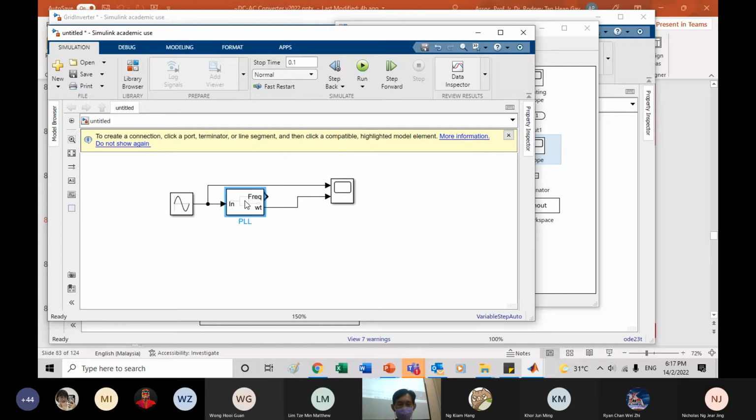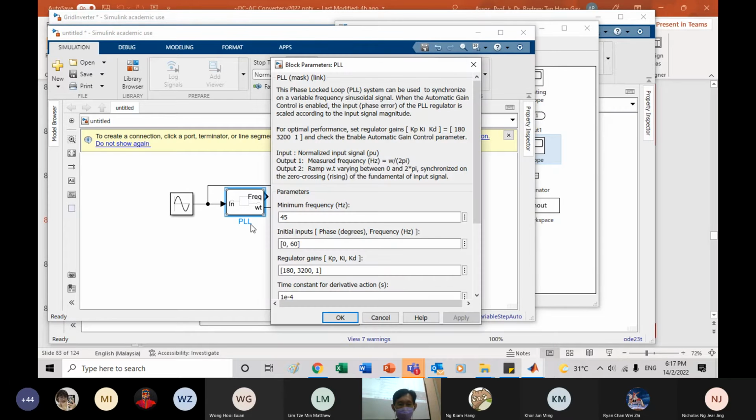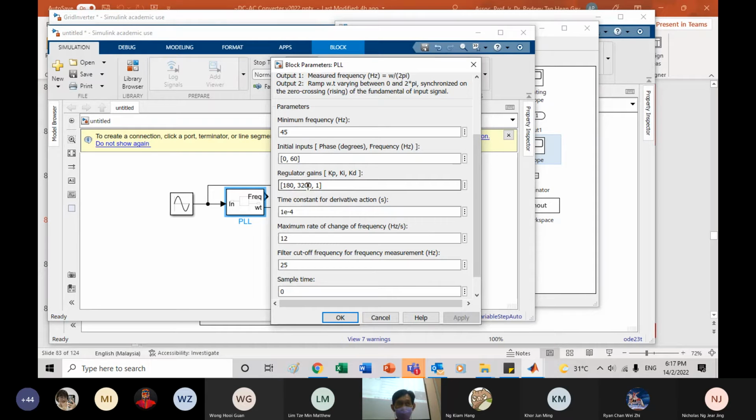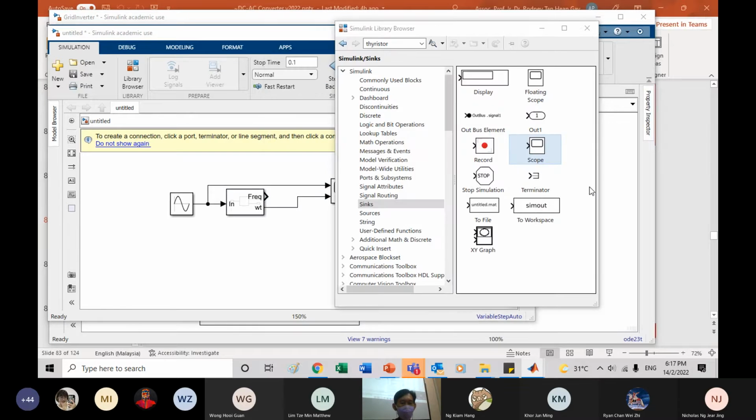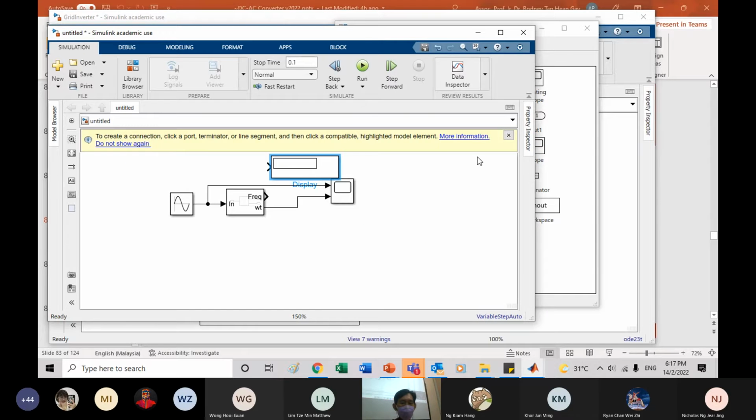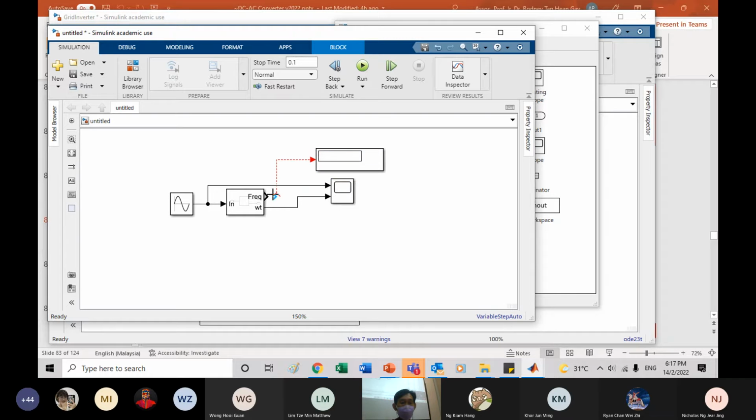Inside the PLL, like I said, because the PLL has a PID controller, unless you know what you're doing, just leave it there. Let's not touch this one. Okay, 50 Hertz. Of course, the frequency output tells you what the frequency is, so we can eventually put a display to actually read the frequency if you want.